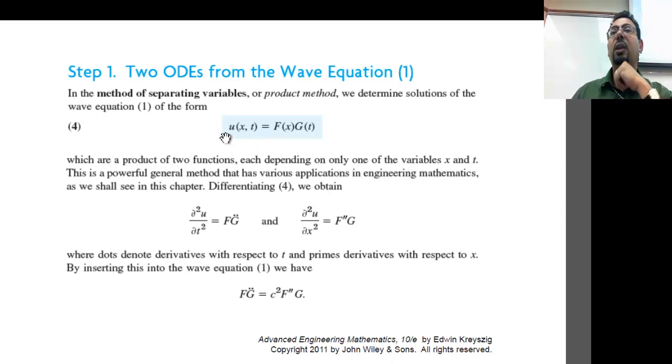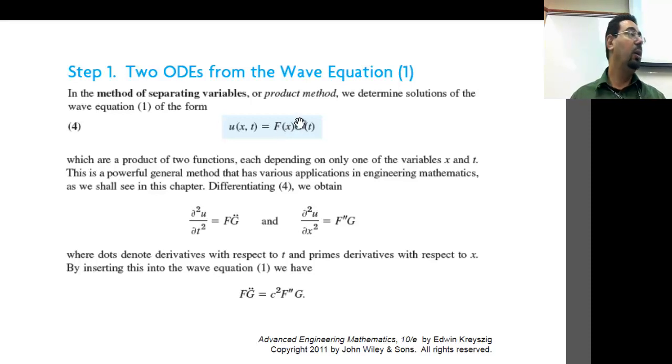So here is the trick again. u is f of x times g of t. Function only of x times function only of t. Now, partial 2u partial t squared means you are differentiating this with respect to t twice. When you differentiate with respect to t, f of x is just a constant. It's like a 5 or a 7. It doesn't matter if it's sine x or e to the power x.